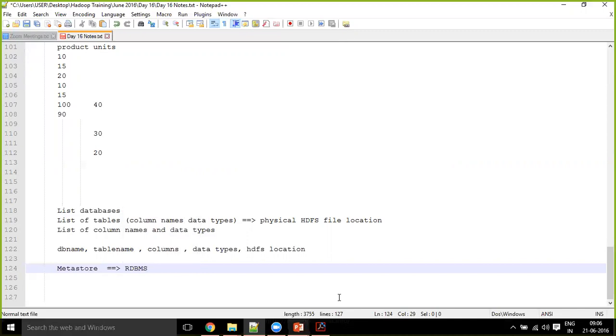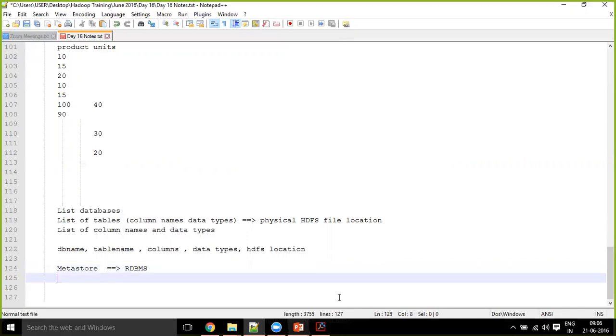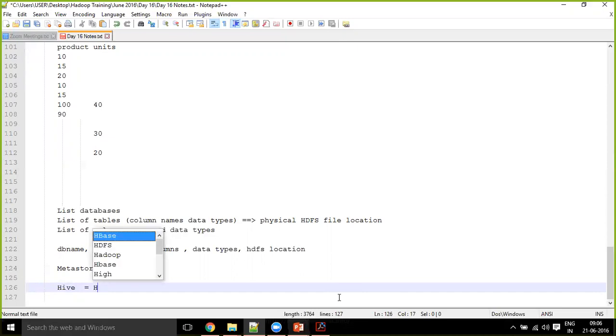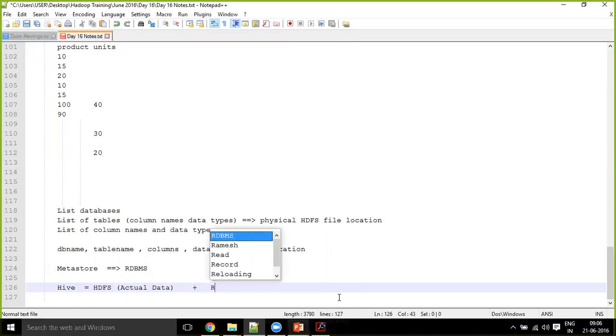You can think of Hive as having the actual data stored in HDFS, and let me take MySQL just as an example, this is the metadata.